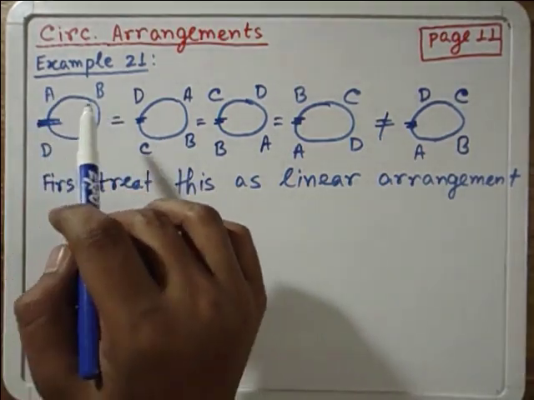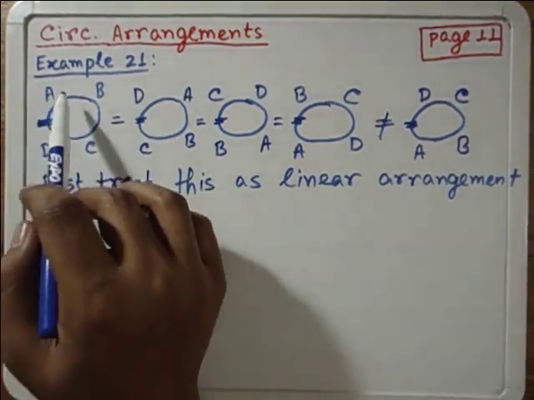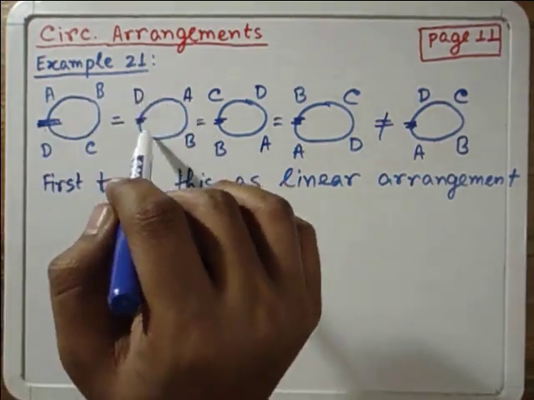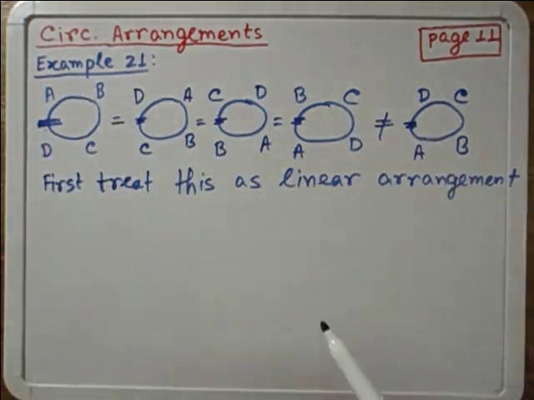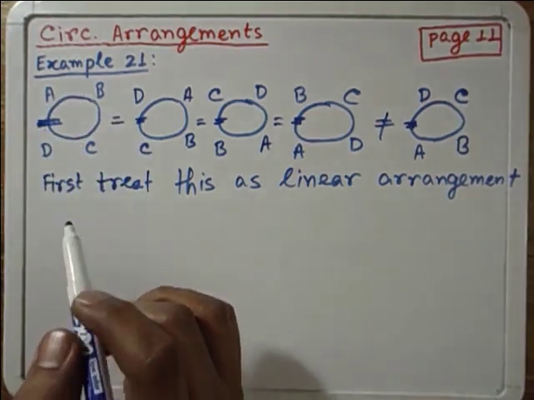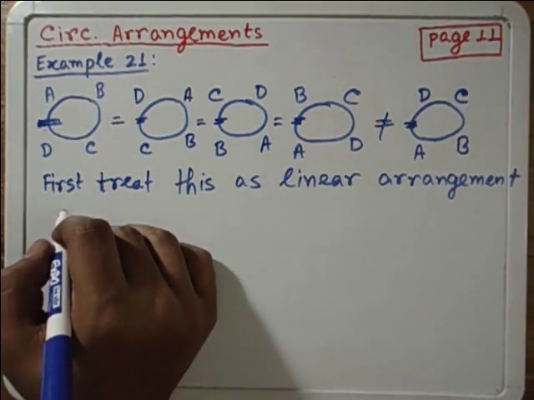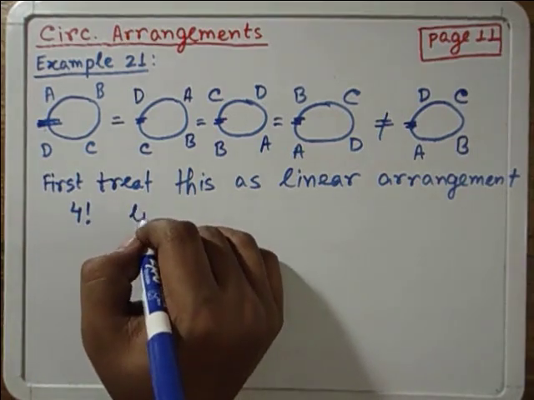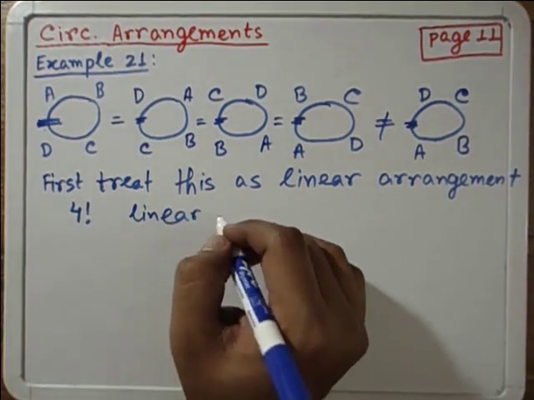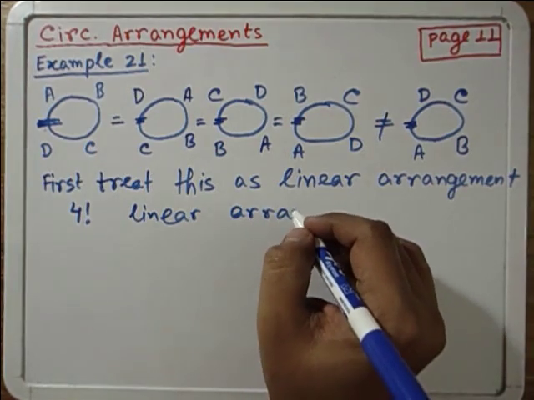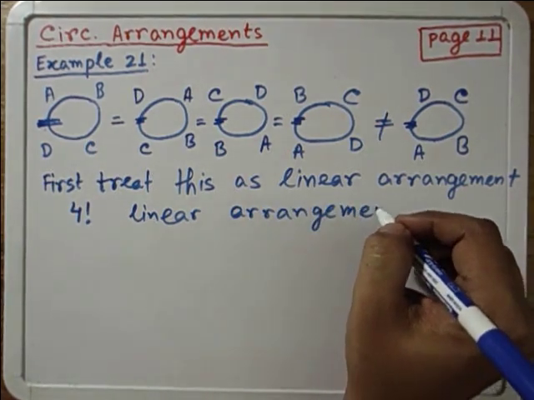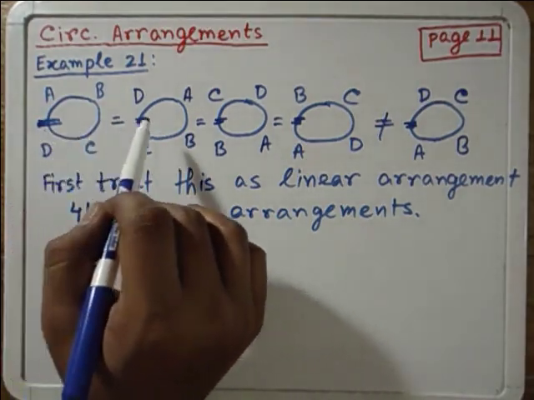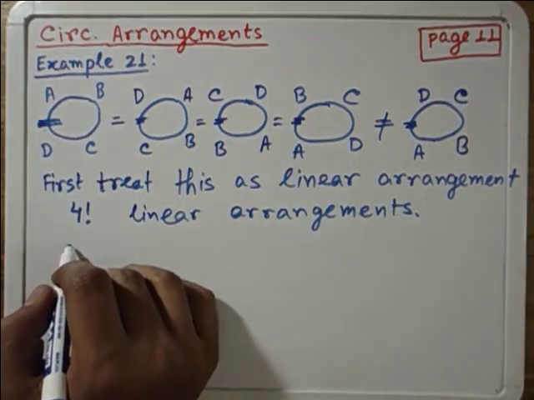Now these are linear arrangements. This is a linear arrangement, this is a linear arrangement, this is a linear arrangement. With 4 guests, how many linear arrangements can you get? That is 4 factorial linear arrangements. And for each case, there are 4 arrangements that are the same.